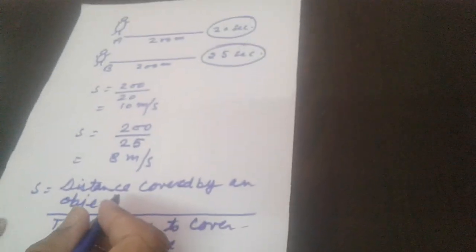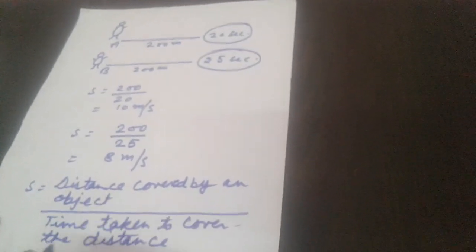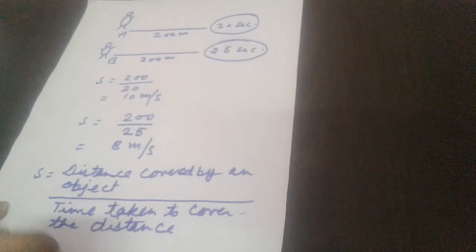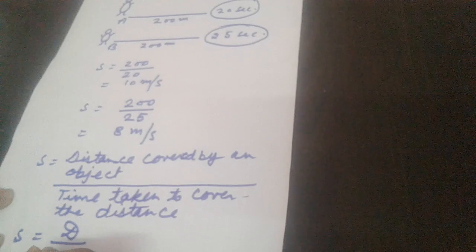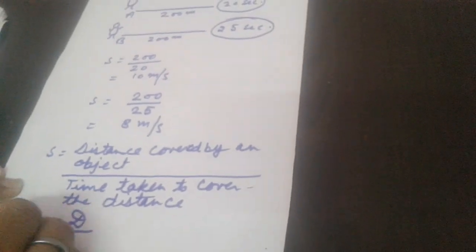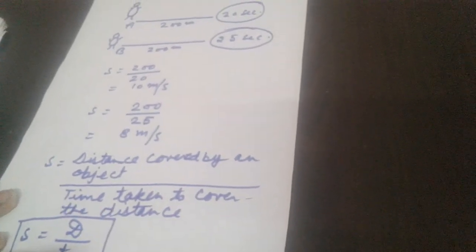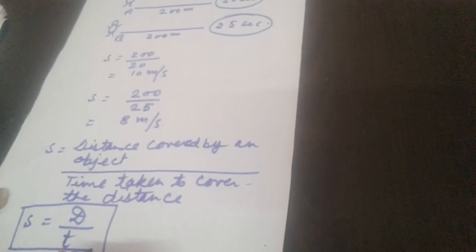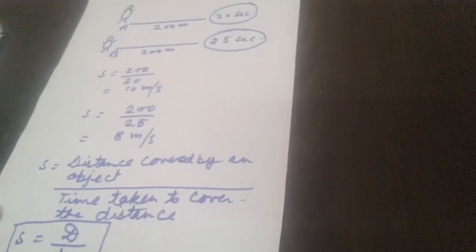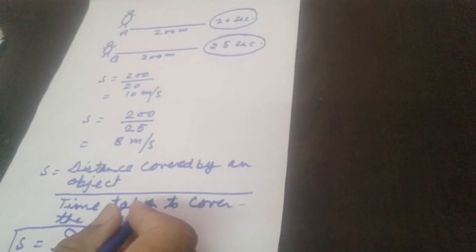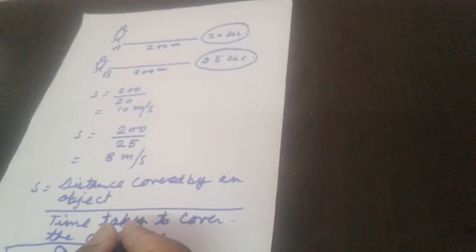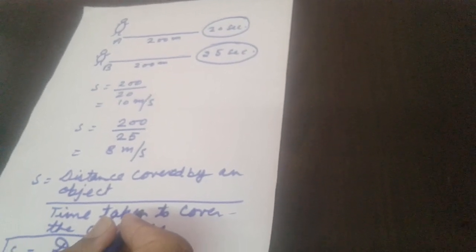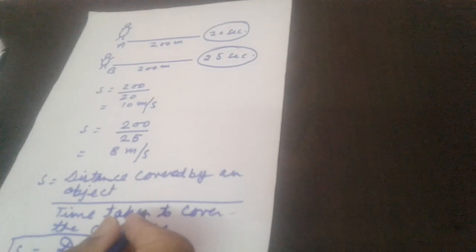So if d is the distance covered, t is the time taken and s is the speed, then speed equals distance upon time. Speed is a scalar quantity, means it shows only magnitude, it does not show the direction. You must have seen speedometers in almost all vehicles, which measure instantaneous speed, means speed at any instant.